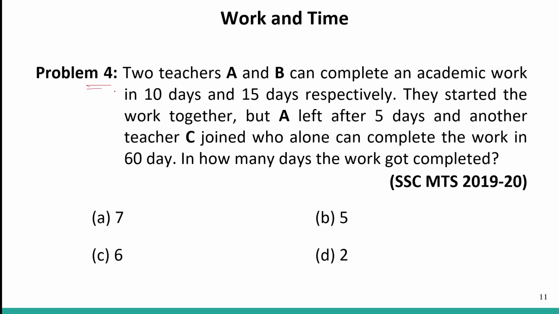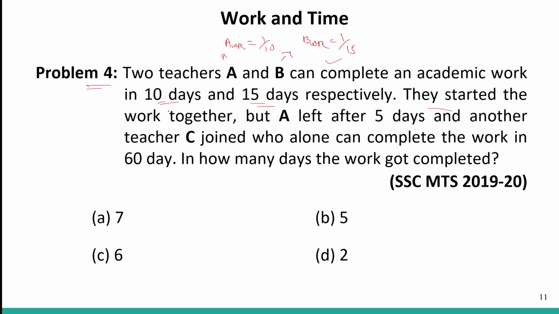Two teachers A and B can complete an academic work in 10 days and 15 days respectively. So A's work rate, AWR, is equal to 1 by 10 and BWR is equal to 1 by 15, right?